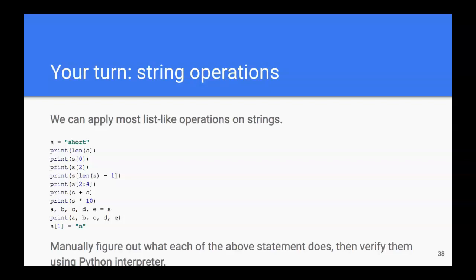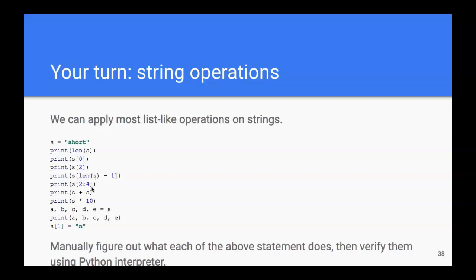So this is your turn to go through all the things that we just talked about in lists and try all of those operations. So this is getting a length, right? Getting a particular character at a particular index, right?